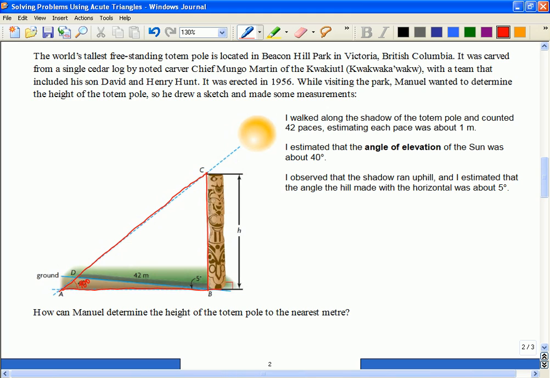Now, if you look at that red triangle, the only thing we know about it is 40 degrees, which is not enough to work with. There is a 90-degree angle there, yeah, you can kind of see it. Yeah, right here too. But here's the problem, right, is you only have the degrees, so there's nothing we can do yet with that triangle. We're going to look at the other triangle in this problem.